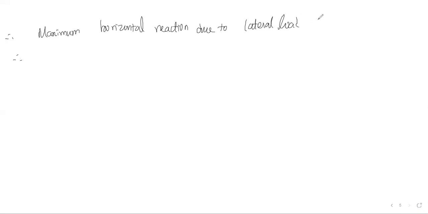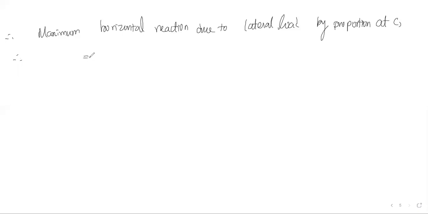Therefore, here we have some constraints like maximum horizontal reaction due to lateral force or lateral load, by proportion at C. So how is it done?